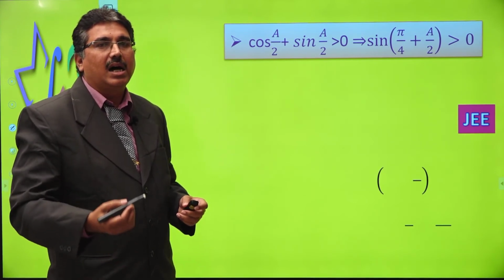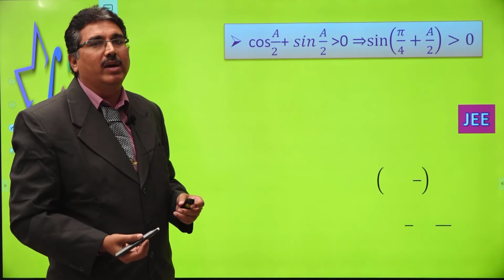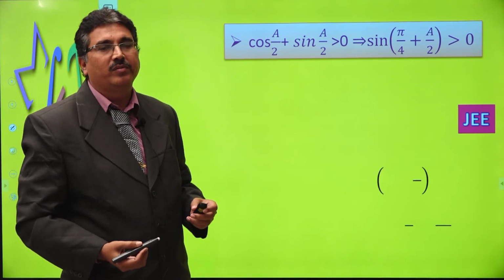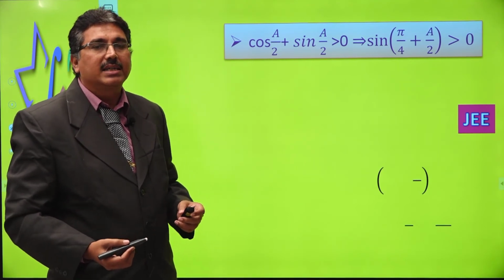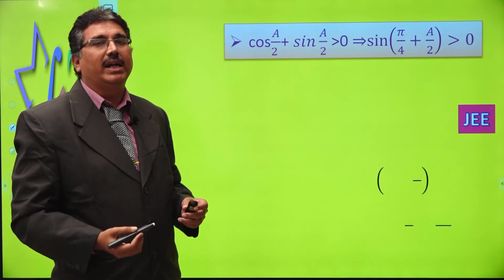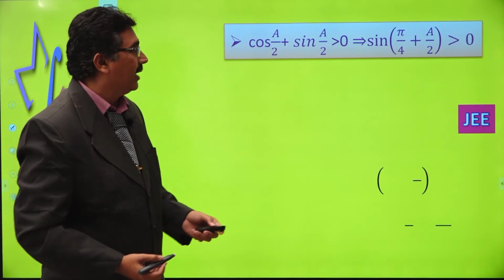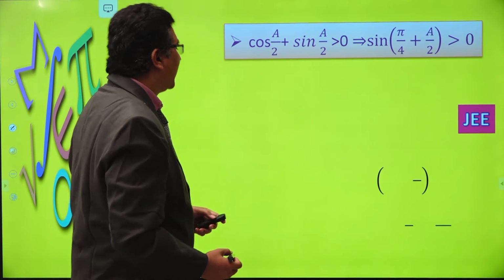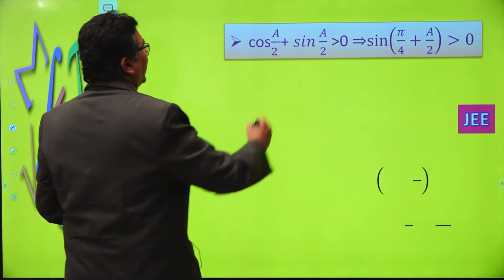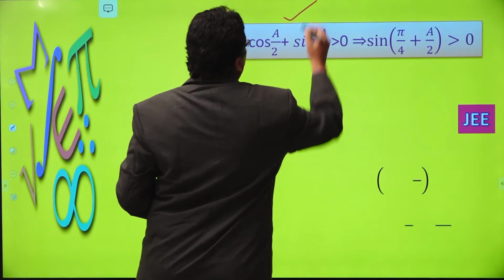Similarly, cos a/2 minus sin a/2 greater than 0 and cos a/2 minus sin a/2 less than 0.